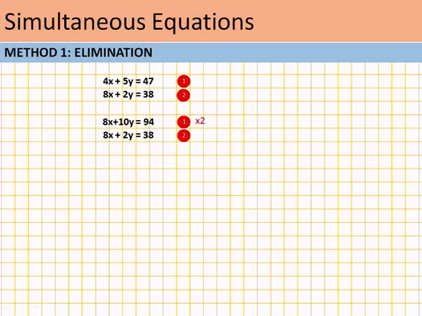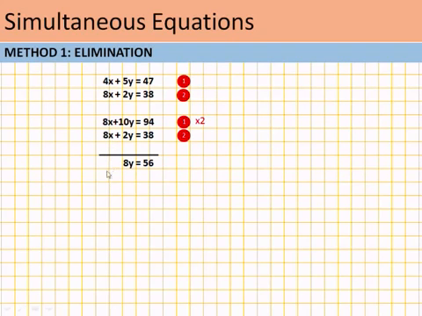Well, what was the point of that? The point is that now in both of those I've got the same amount of x. I've got 8x. So that if I do one equation minus the other equation, the x's disappear.